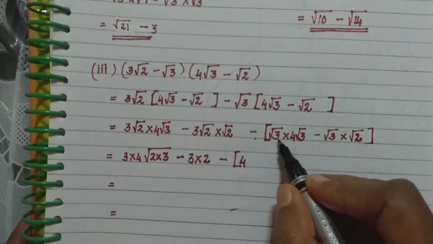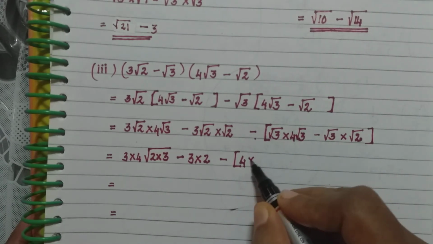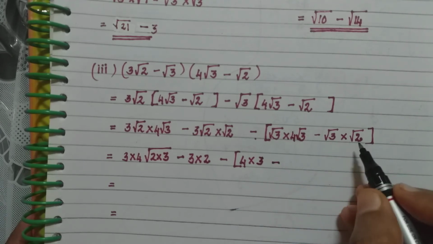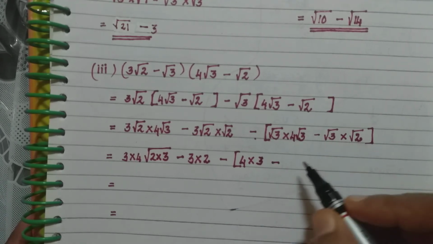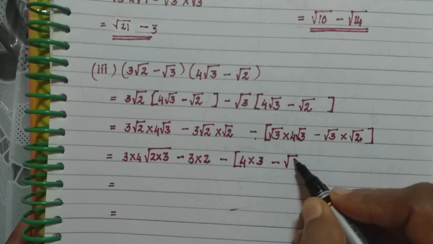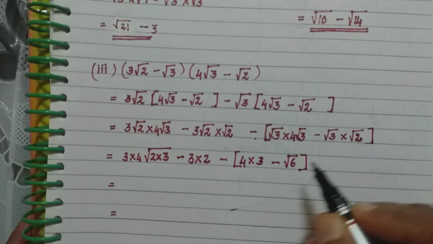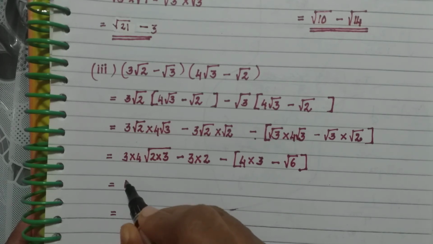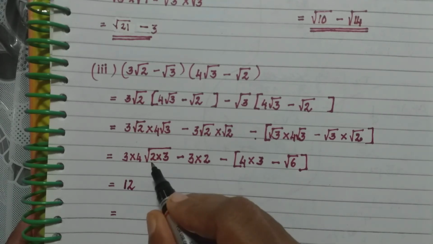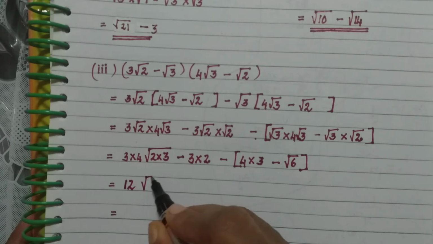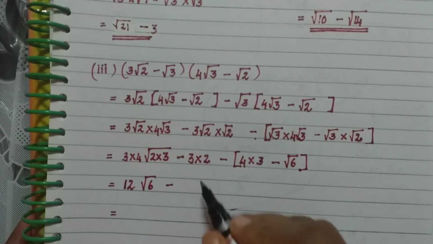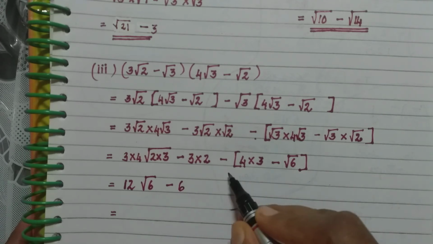Here we have root 3 into root 3, which will be 3, minus root 3 into root 2, that will be root 6. So this will be 3 into 4, that is 12. Root 2 into 3, that is root 6, minus 3 into 2, that is 6.